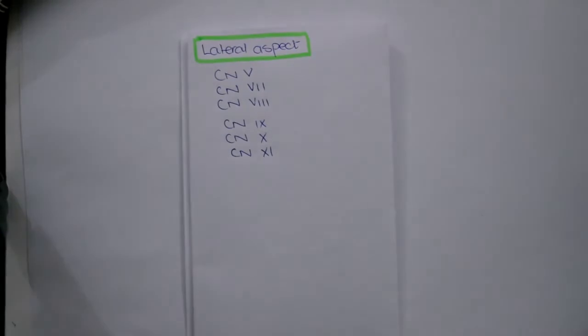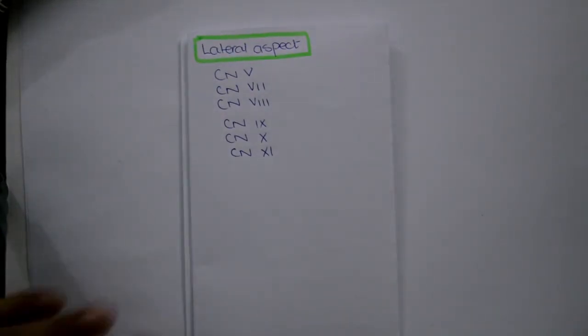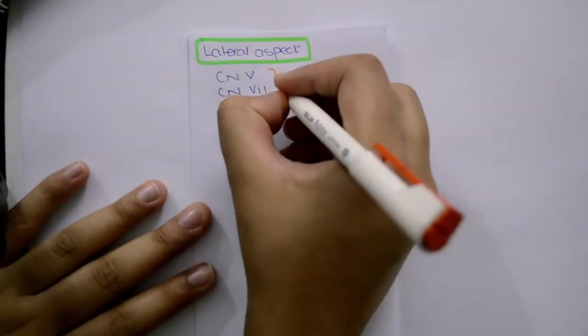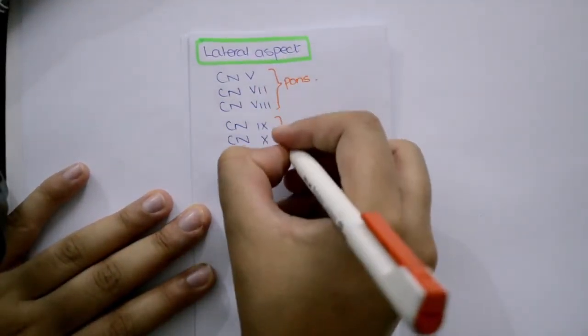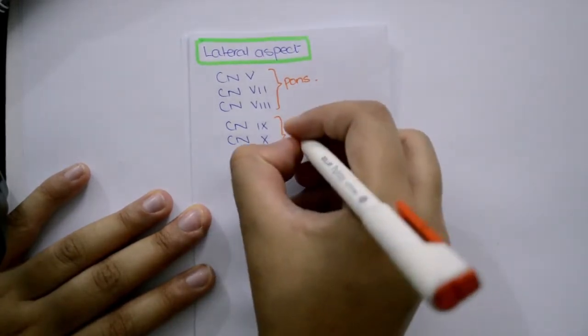These are the cranial nerves originating from the lateral aspect of the brainstem. We can also revise from here that the first 3 are originating from the pons, and these 3 are originating from the medulla oblongata.